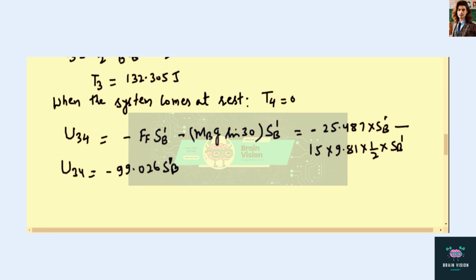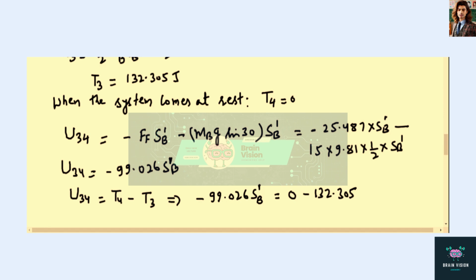So additional distance traveled by the block we can find. Work done 3 to 4 equals kinetic energy at position T4 minus kinetic energy at position T3. So you will get minus 99.026 into additional distance moved by the block equals 0 minus 132.305.